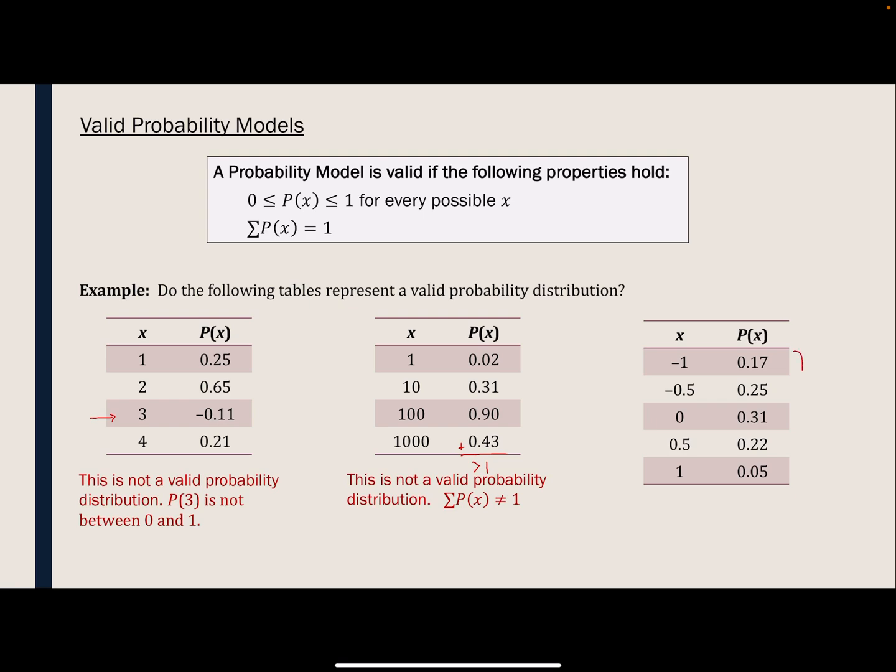All of these probabilities are between 0 and 1, and if you add them up, you will get exactly 1. It's okay if the x values are negative, but the probabilities have to be a positive value between 0 and 1. So this is a valid probability table.